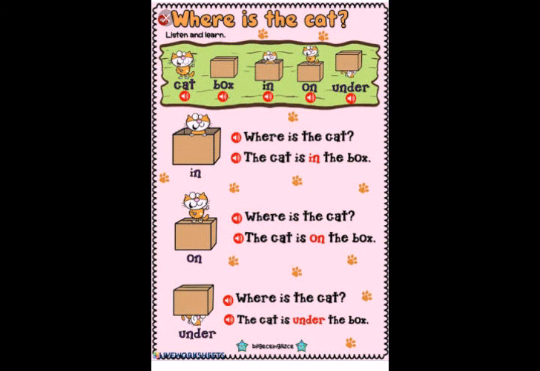It is hiding under the box. These examples show you the different positions of the cat: in the box, on the box and under the box. So in, on, under, all three are prepositions telling you the position of the cat.